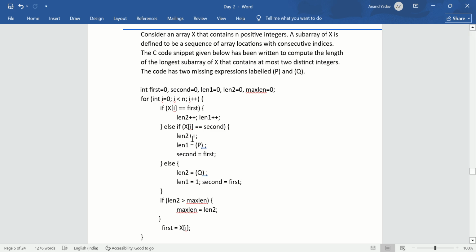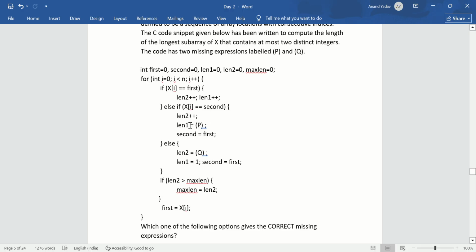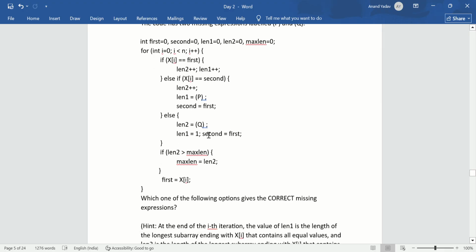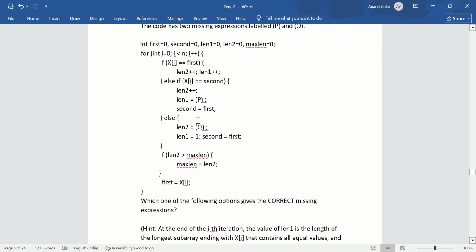So basically if xi is equal to first, then length 2 plus plus and length 1 plus plus. If xi is equal to second, then only length 2 plus plus and length 1 is equal to 1, and second is equal to first.